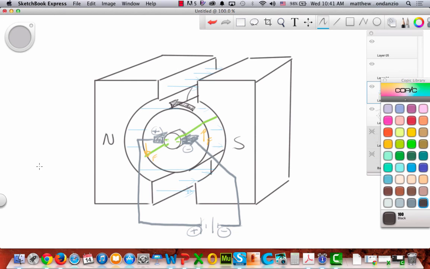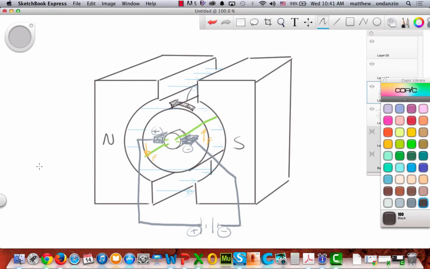Positive. When I flip it to here, what does it have? Negative. So is my current now changing directions on the specific wire? Yes. But it's staying the same direction relative to the magnetic field. You follow me? So I'm continually having this continuous torque in one direction.